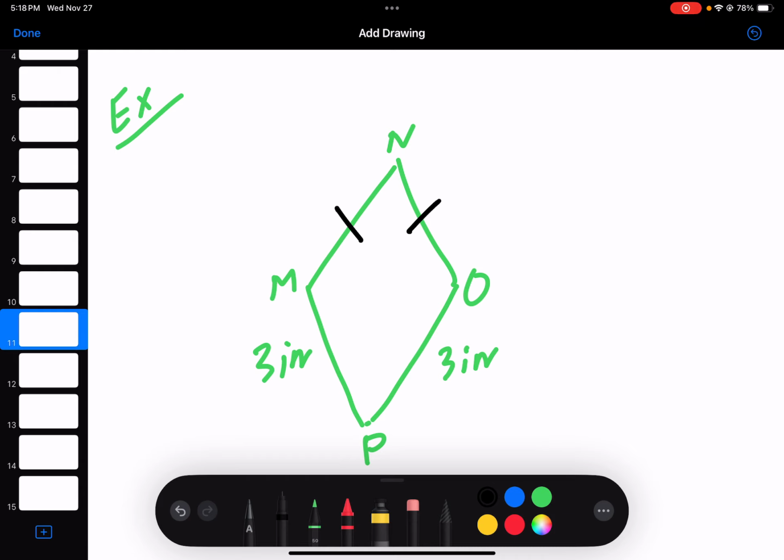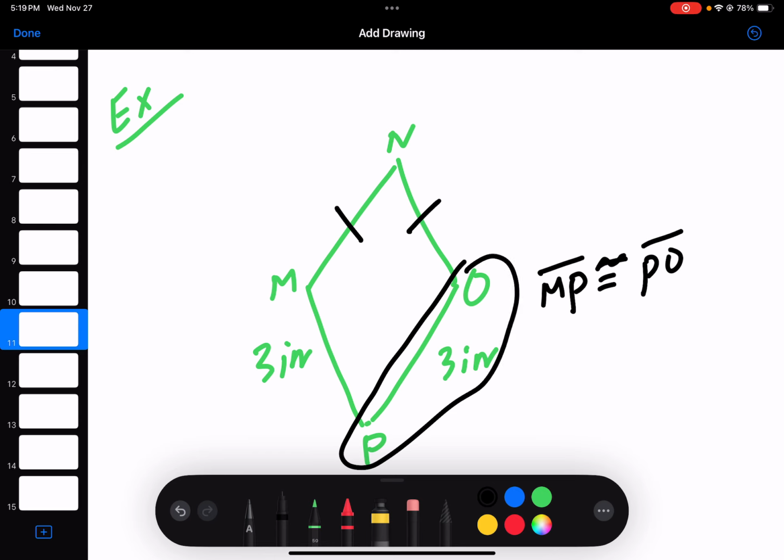What do you think? So we know that MP is congruent to, that's a tilde by the way, to PO, right? Because PO right here is 3 inches long, and MP here is also 3 inches. So they're congruent.